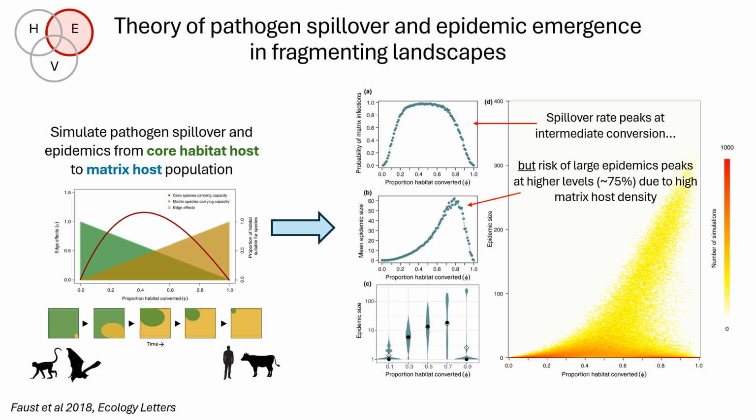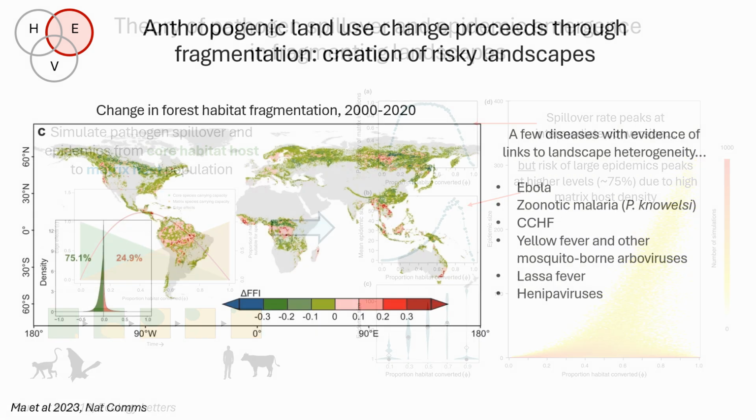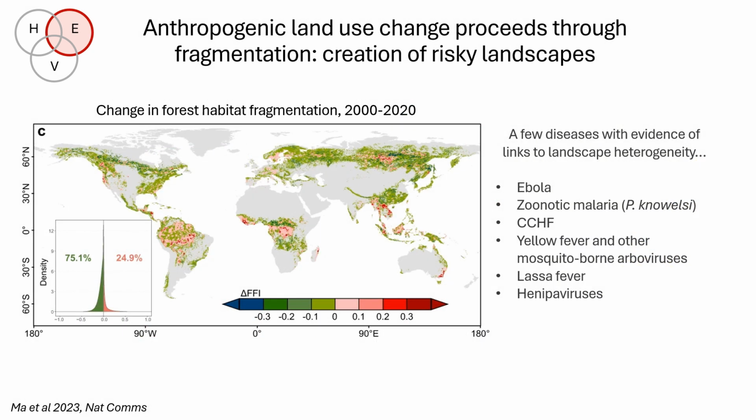So this suggests that, during these land conversion processes, there might be a sweet spot, or whatever the opposite of a sweet spot is, a highest risk spot, where that combination of hazard and exposure matches just right, as well as human host population size, to create these large epidemics. So this is a toy model, right? And there are a lot of complexities that would differ across different disease systems.